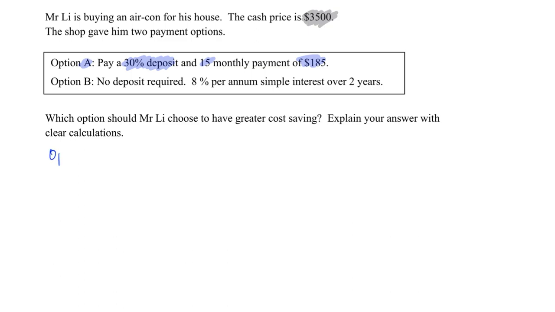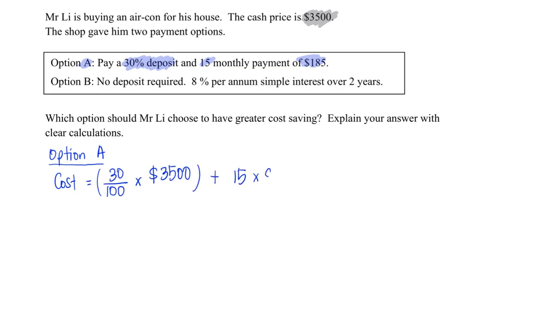So for option A, the cost of the aircon will then be 30% of the aircon price, followed by 15 months of $185 payment. And this will give me a value of $3,825.